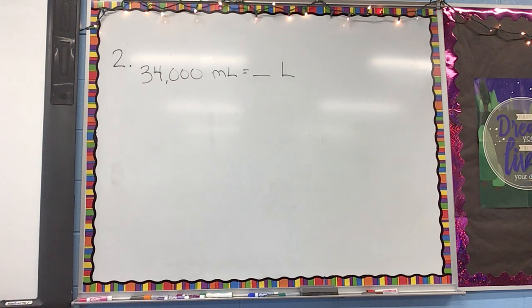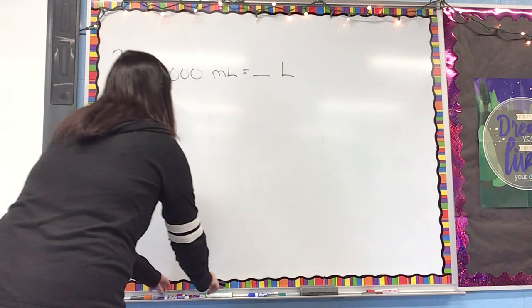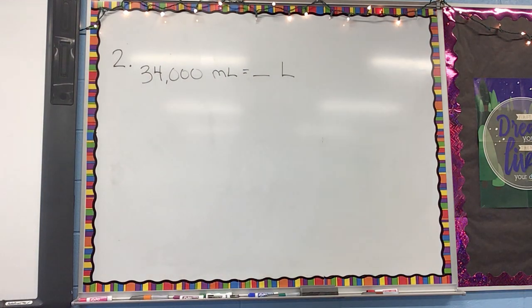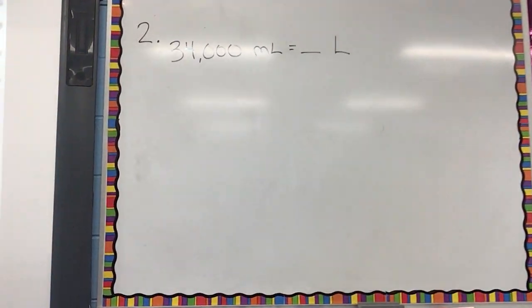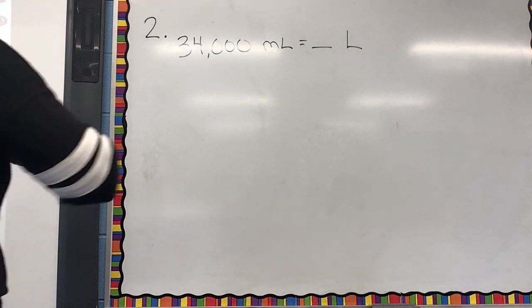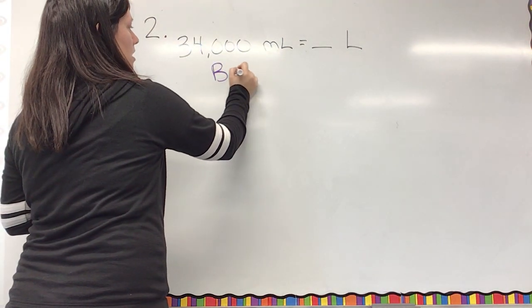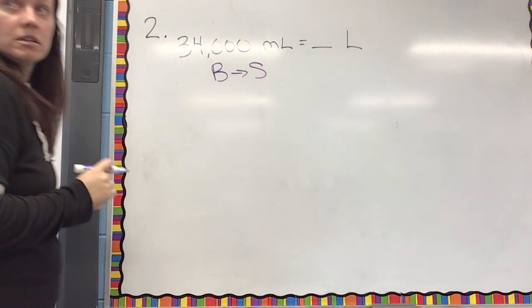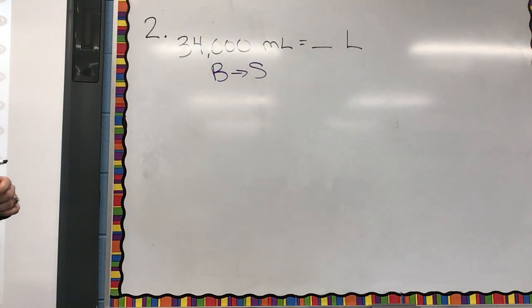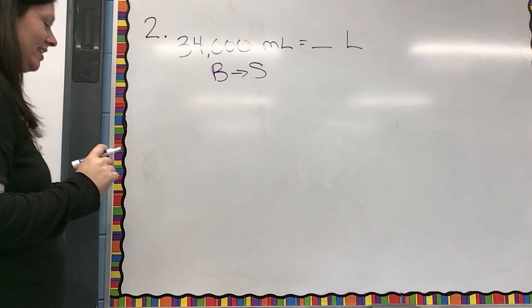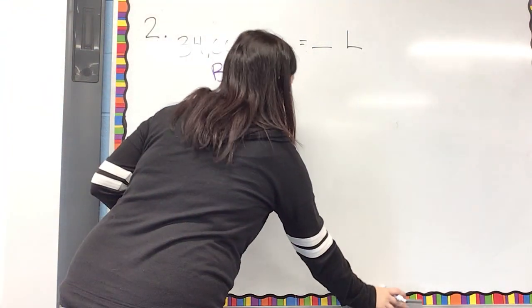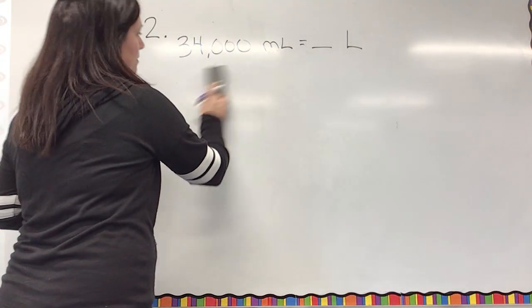All right, so in this process here, am I going from a bigger unit to a smaller or a smaller to a bigger? Bradley? A bigger to a small. He says a bigger to a small is what he says. No. No, Bradley? You're fixing yourself already? What's wrong here? Because milliliters are smaller than liters. Yeah, milliliters are smaller.